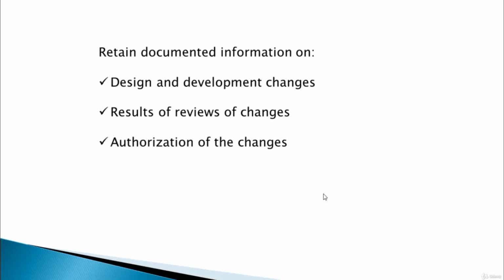And also the organization needs to retain documented information on the authorization of the changes, in other words, who agreed on any changes, and also on the control on the actions taken to prevent adverse impacts, in other words on the controls to stop things from being done incorrectly.